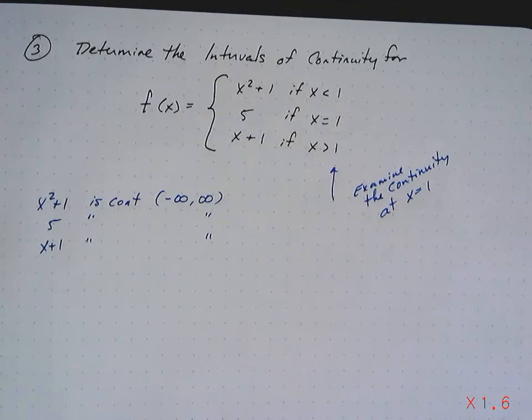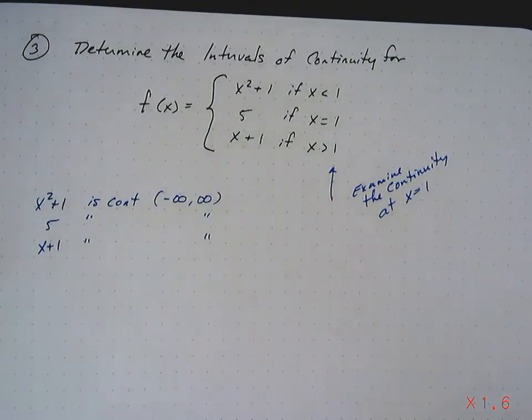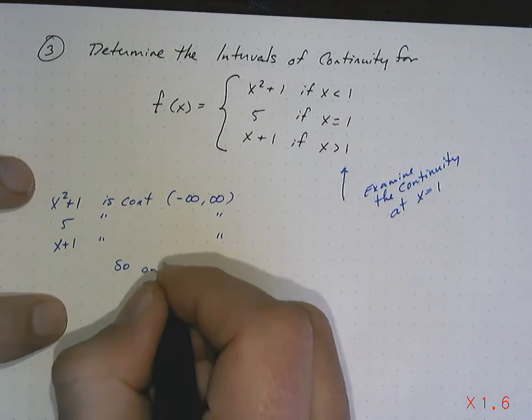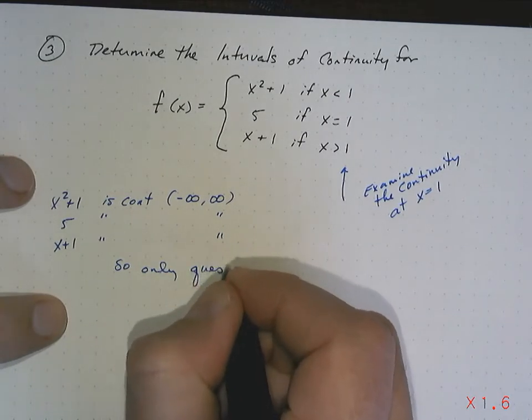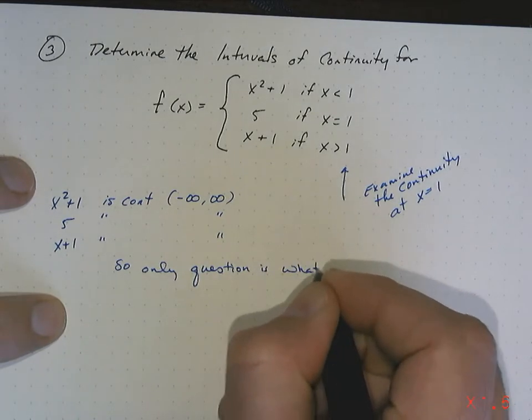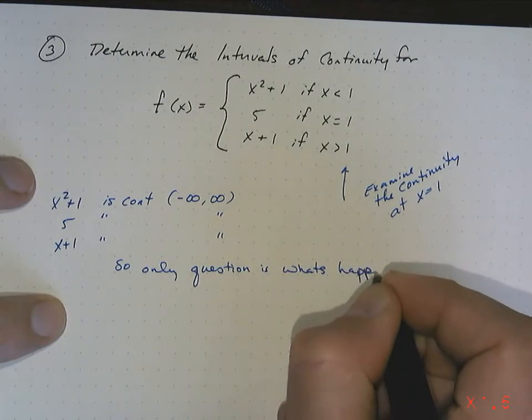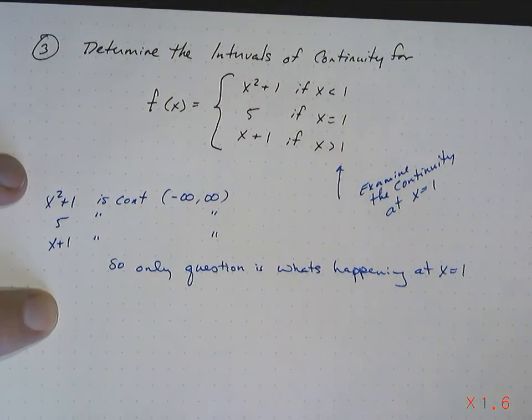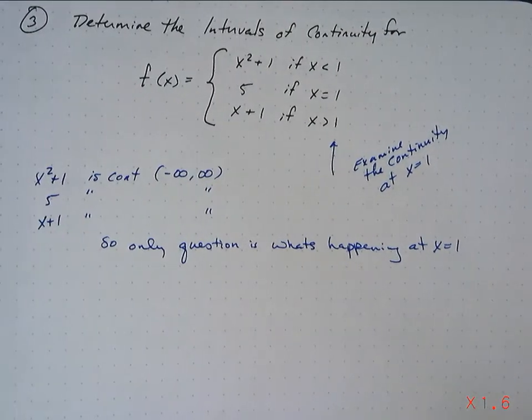So all of them are polynomial functions, so they are continuous everywhere. So the only question is, what's going on at x equals 1? That's the only question here.